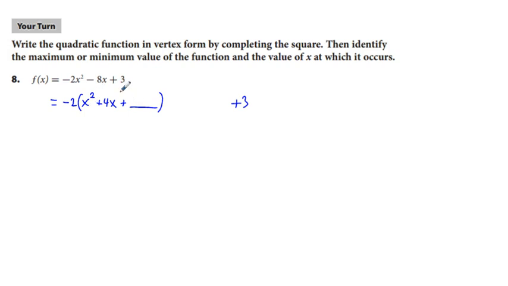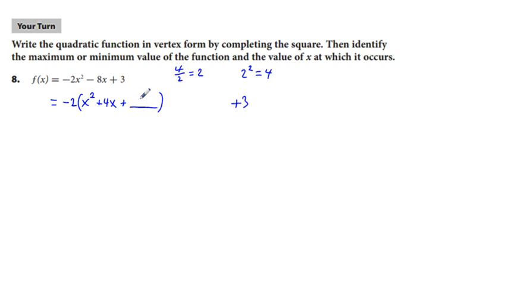So now what are we going to have to put in for our perfect square? Well, we're going to have to take our coefficient of 4, divide that coefficient by 2, which will equal 2. And we're going to take that squared, which is 4.